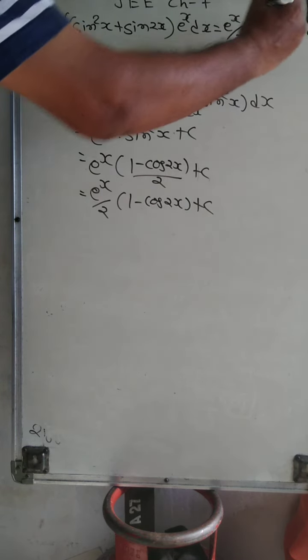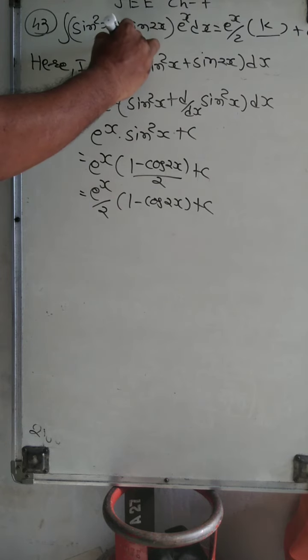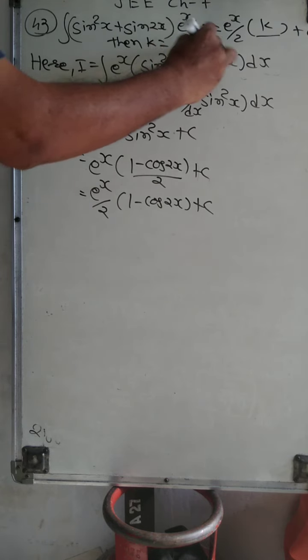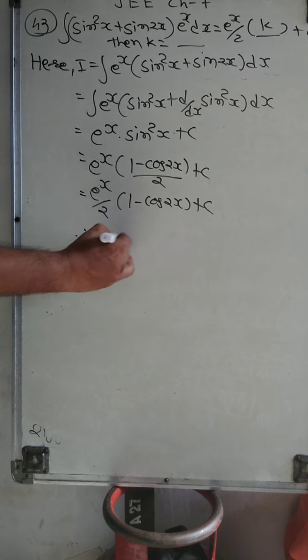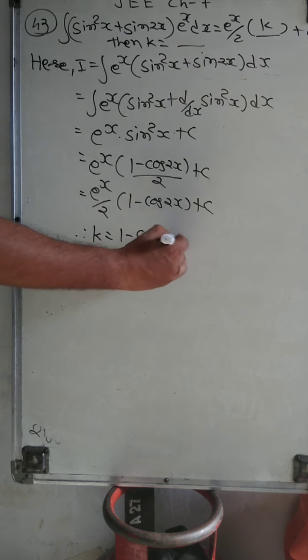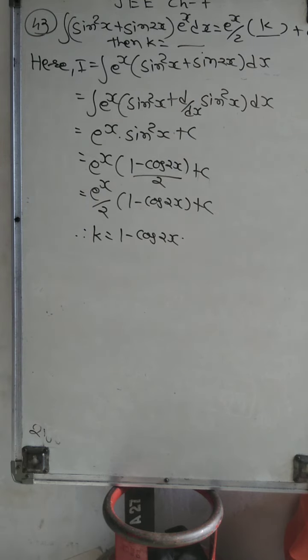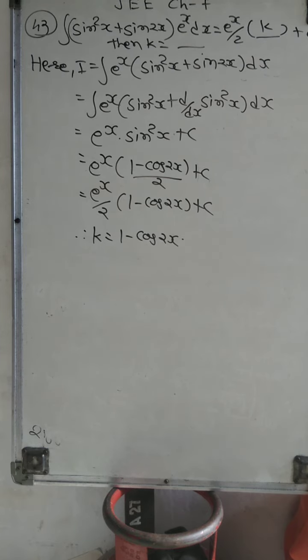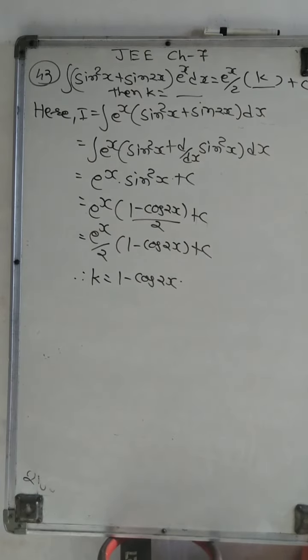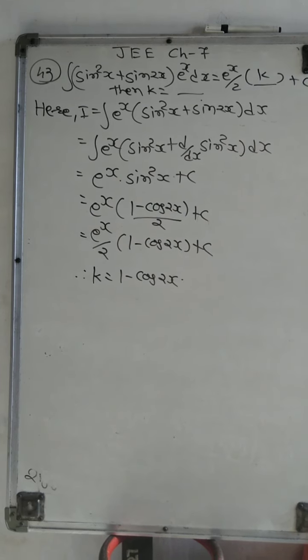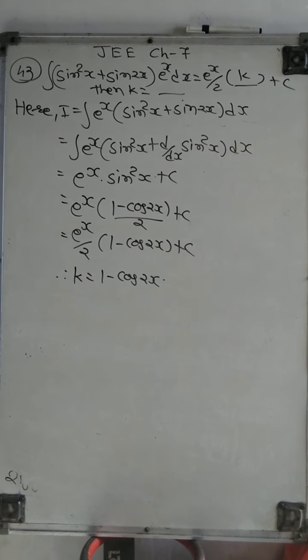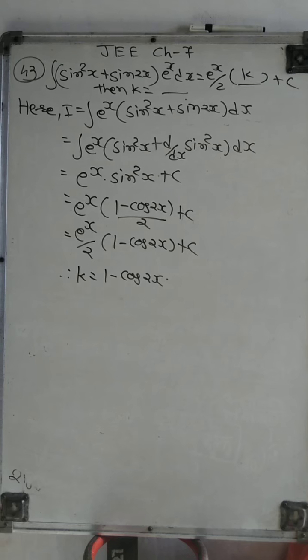Therefore, if we put this as k, then k equals 1 - cos 2x. So the sums are very simple, but you have to manage with your techniques. Now we go for the next one.